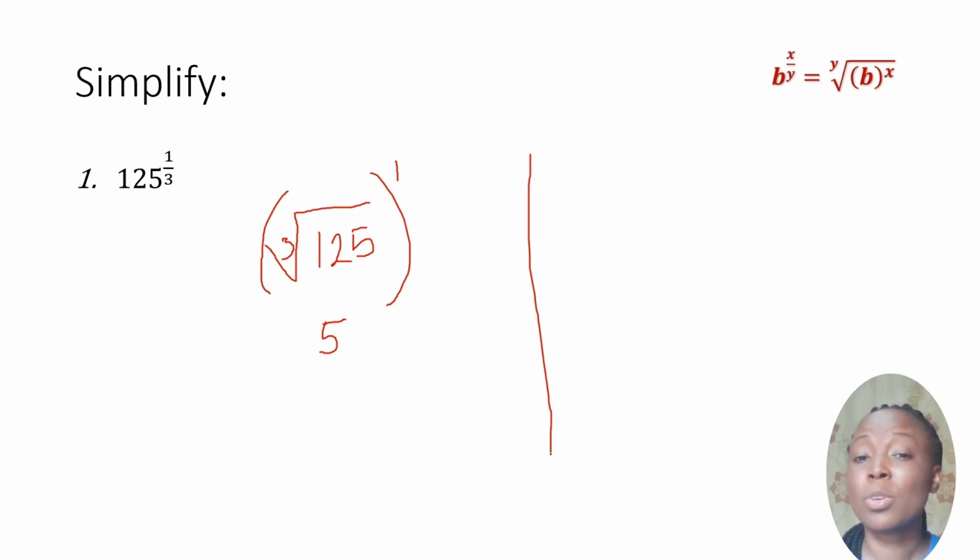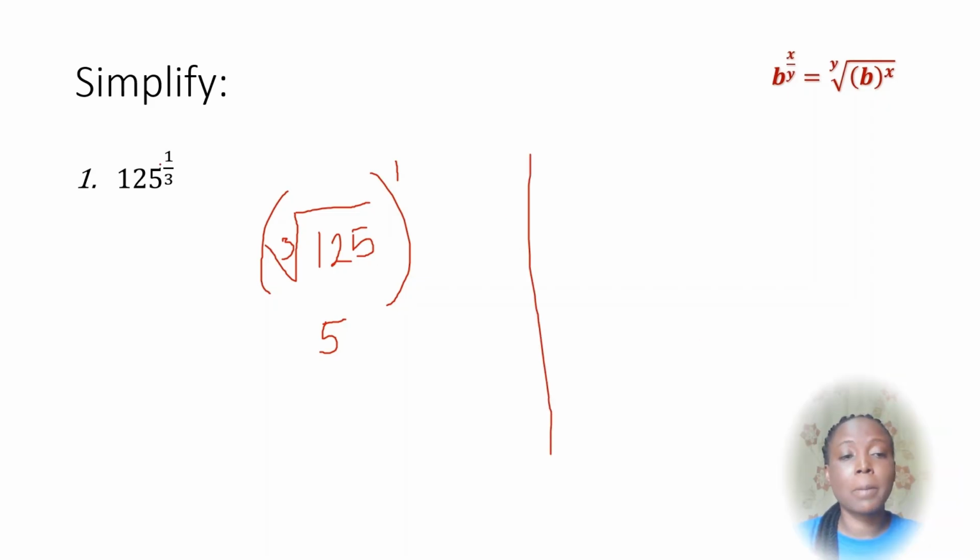Method 2, which I see as easier, is that you look at the denominator of the power. The denominator is 3. So I think of a number that I can raise to power 3, because 3 is the denominator of my power. So I write 5 raised to power 3. Can 5 raised to power 3 give me 125? Yes.